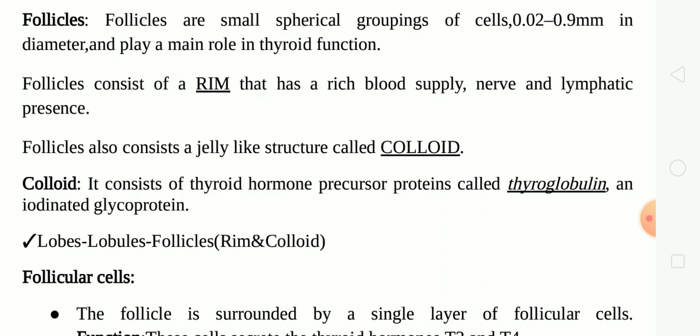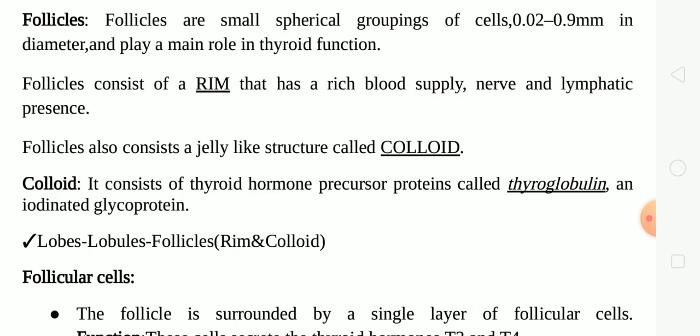The rim consists of a rich blood supply, nerve and lymphatic presence, and the colloid consists of thyroid hormone precursor proteins called as thyroglobulin. It is an iodinated glycoprotein.